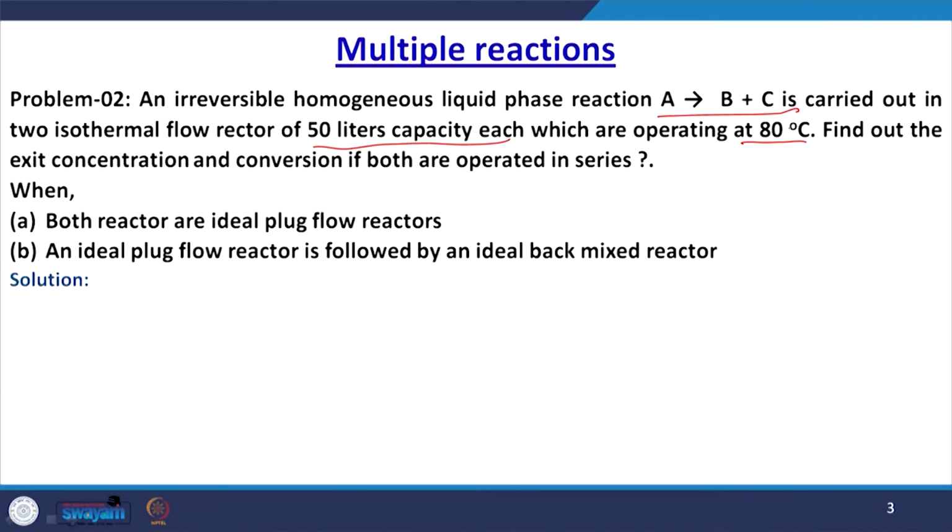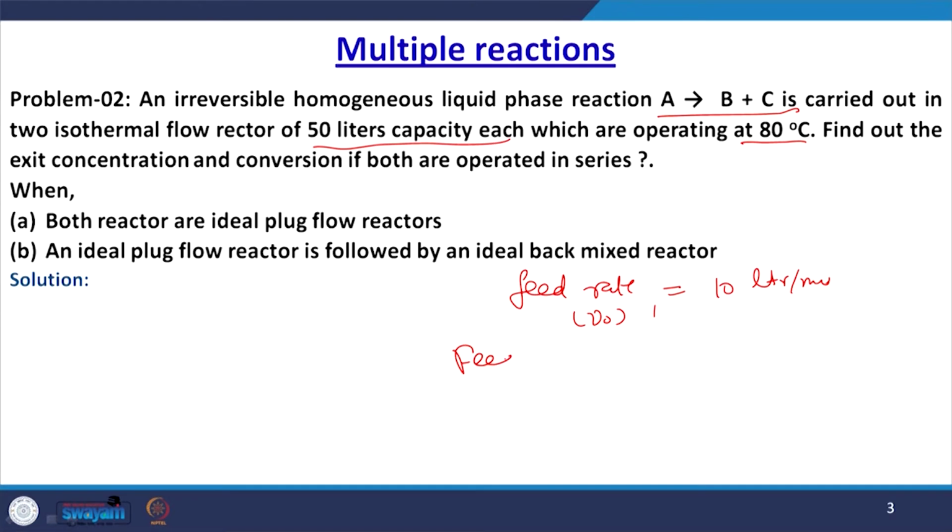Now there are two conditions given. If both reactors are ideal plug flow reactors, and the second condition is that an ideal plug flow reactor is followed by an ideal backmix reactor. Now the supporting data is given. The feed rate, that is v0, is 10 liters per minute.